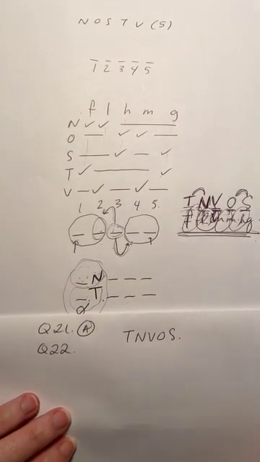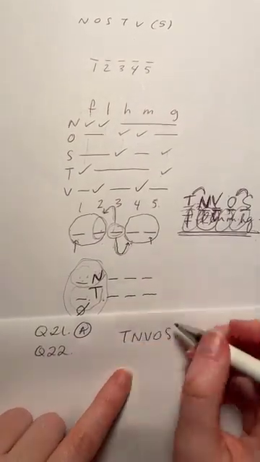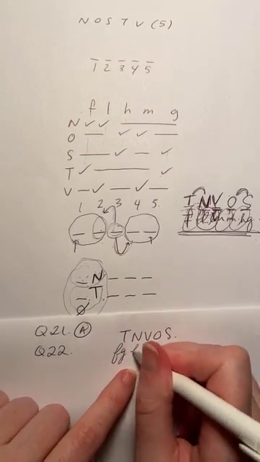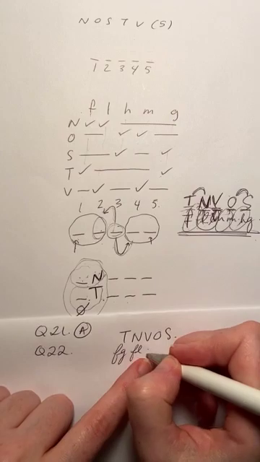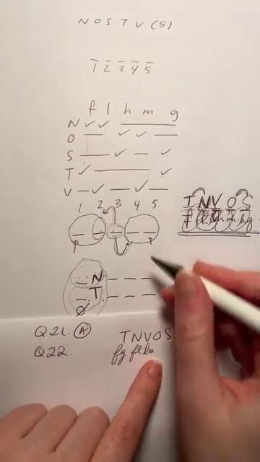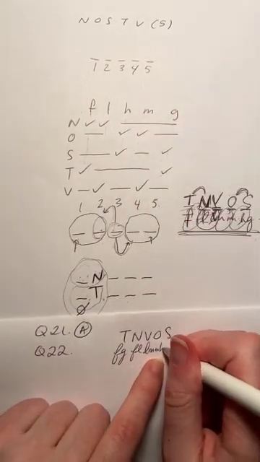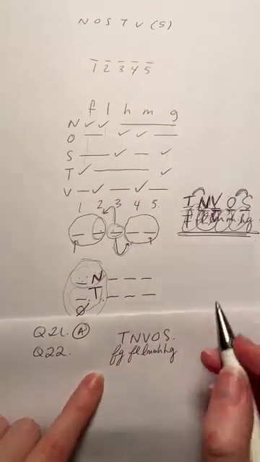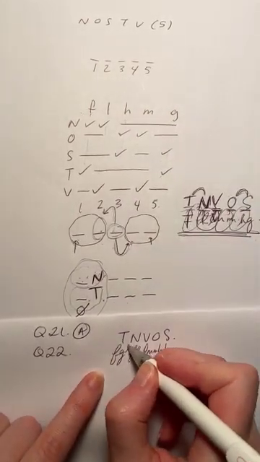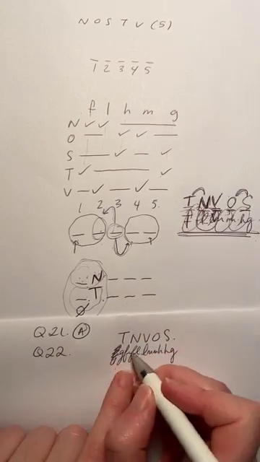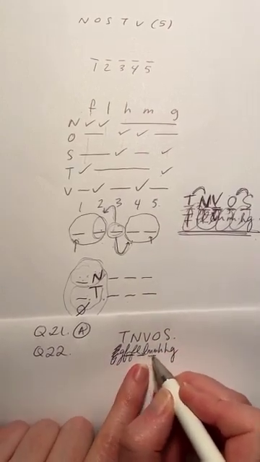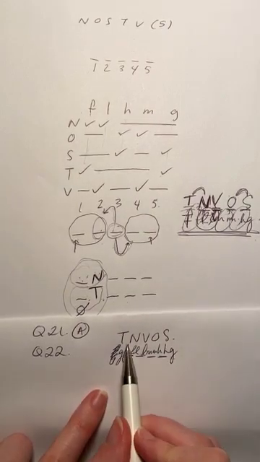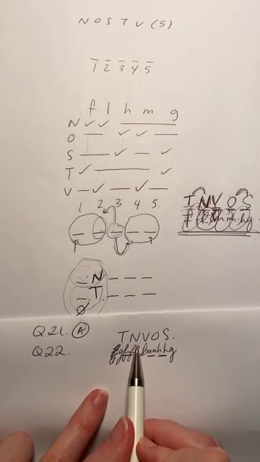TNVOS is an example of that where T, we've got FG, N, we have FL, V, we have LM, O, we have MH, S, we have HG. So if I just switch the order of those guys, you can see how it all lines up there. So that's what would happen if N is second.